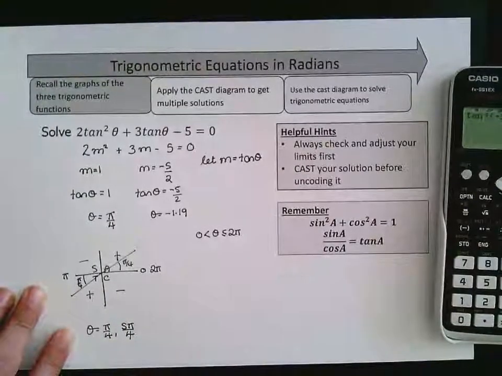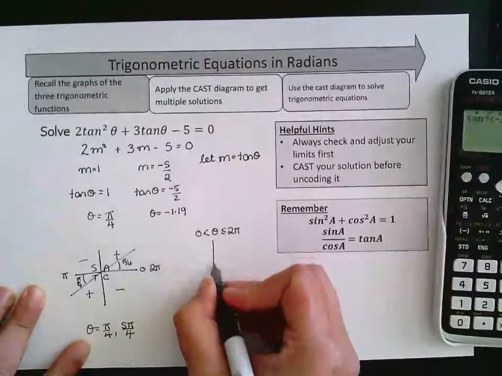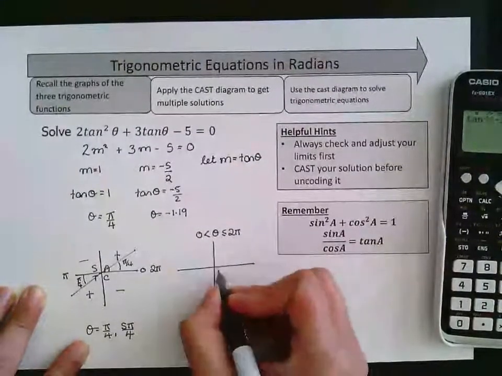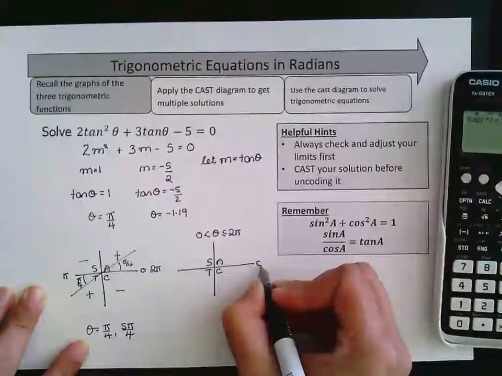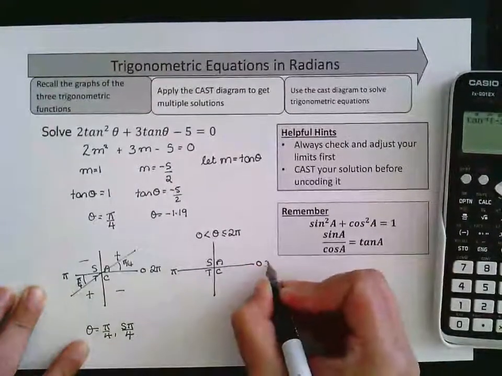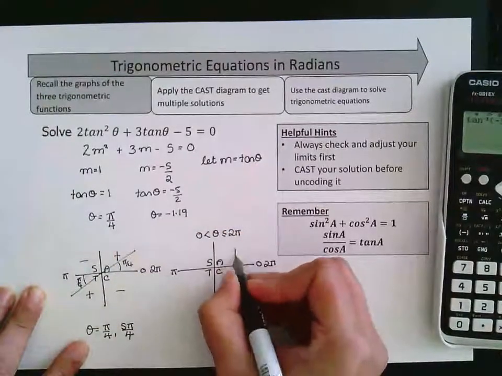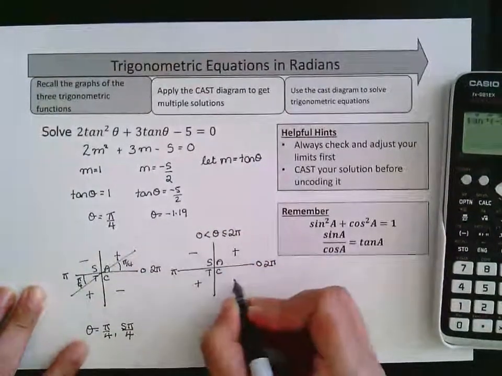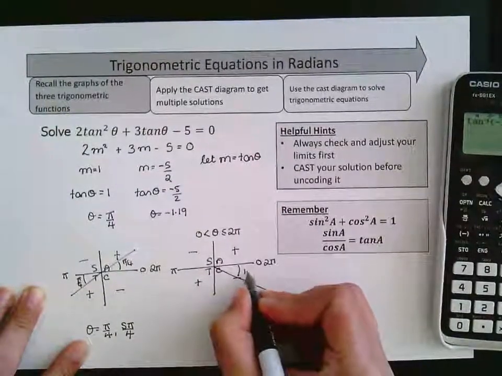Some people get to this one and think they're finished, but we had two solutions. So I now need to do the other solution. We've got minus 1.19, and we're dealing with tan again, so the pluses and minuses are in the same place. A negative angle, I will draw in the negative section.